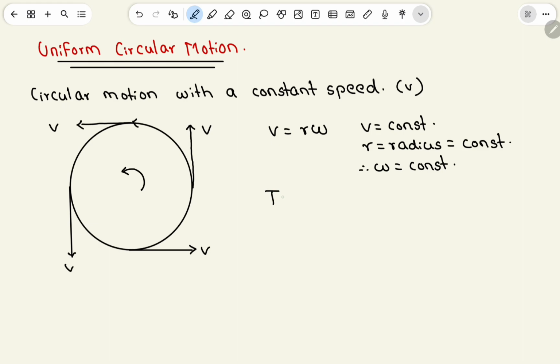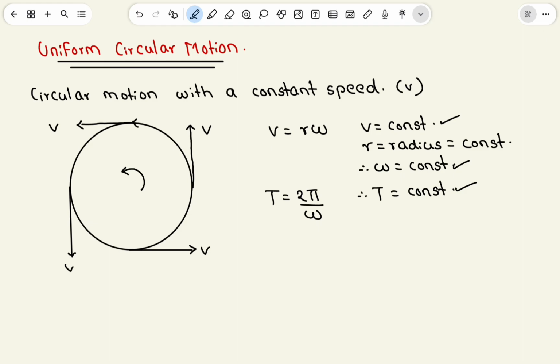We have also seen a relation that T is equal to 2 pi by omega. And since omega is constant, our time period capital T is also constant. So whenever we have uniform circular motion, the speed of the particle is constant, the angular velocity is constant, and the time period is also constant.